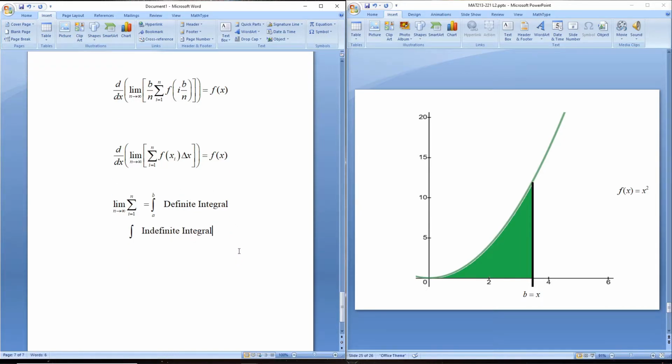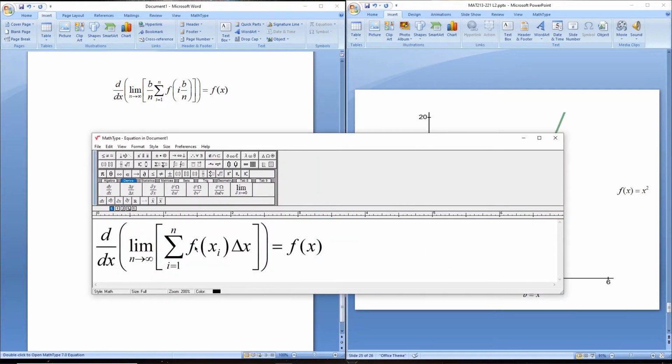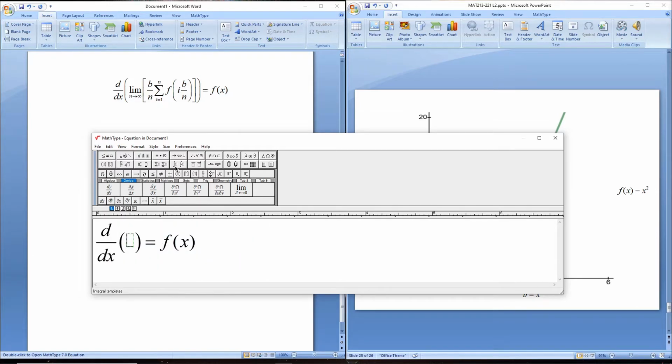But the point for this first section here is just antiderivatives, and this has to do with indefinite integrals. I'm going to take our expression here, and instead of the limit and the summation, we're going to use the integral symbol.